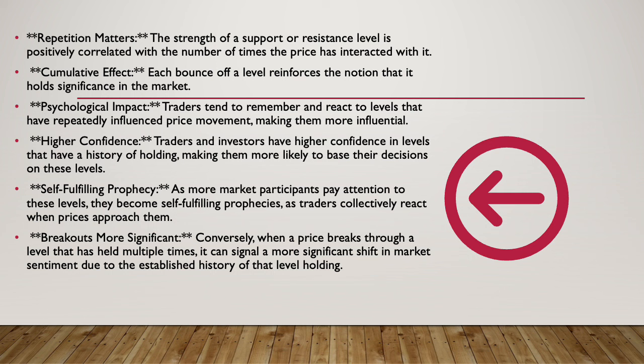Psychological impact: traders tend to remember and react to the levels that have repeatedly influenced price movement, making them more influential. Higher confidence: traders and investors have higher confidence in levels that have a history of holding, making them more likely to base their decisions on these levels.